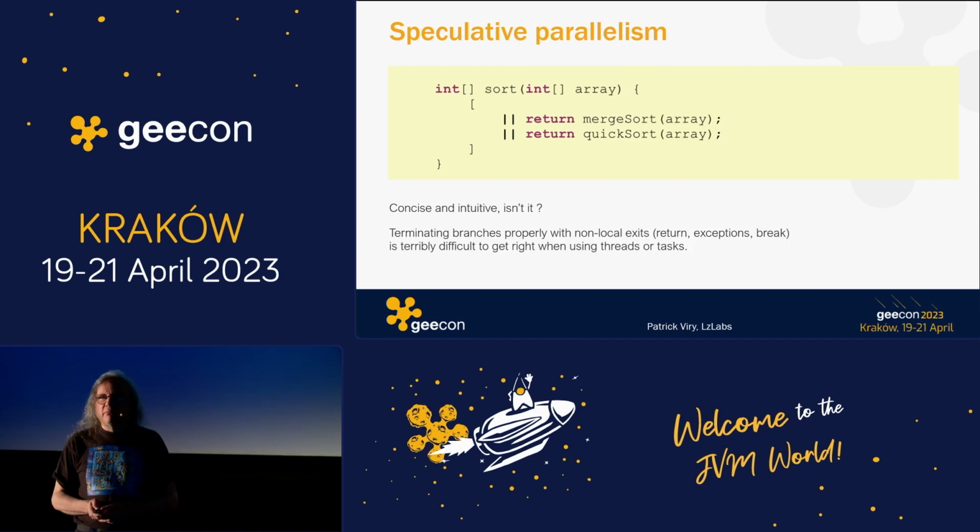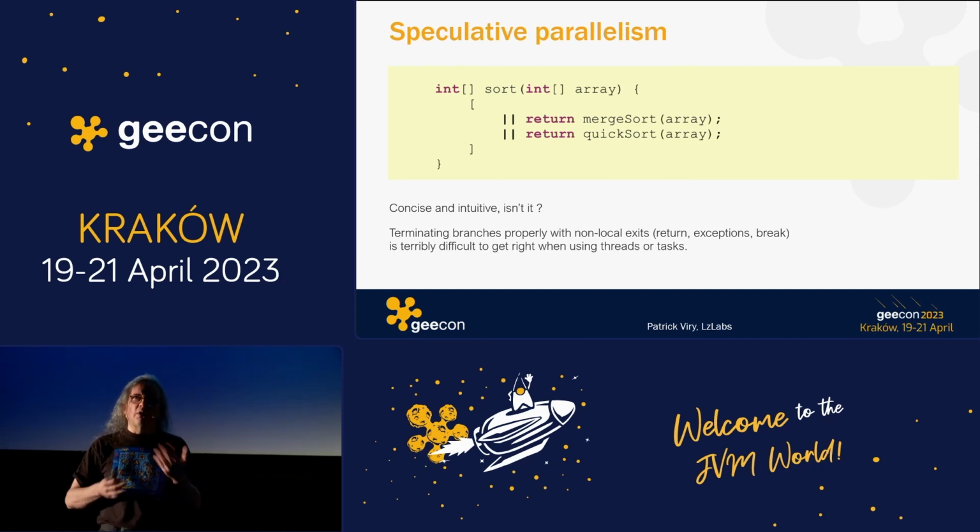Speculative parallelism means that you're going to launch things. Again, assuming you have enough computing power, you are going to launch, in this example, two sort algorithms. And you don't know which one is going to be faster because it depends on the actual data inside the array.